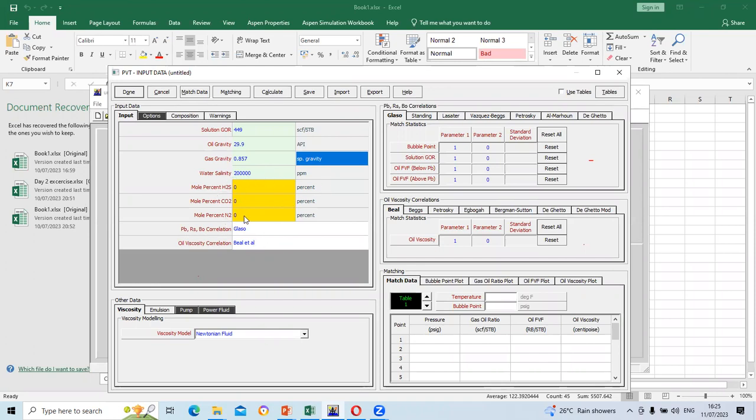We may also have some contaminants in them, like hydrogen sulfide, carbon dioxide, and nitrogen. But for now, we are just going to leave them at 0.